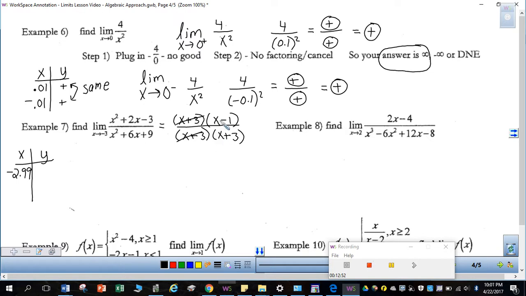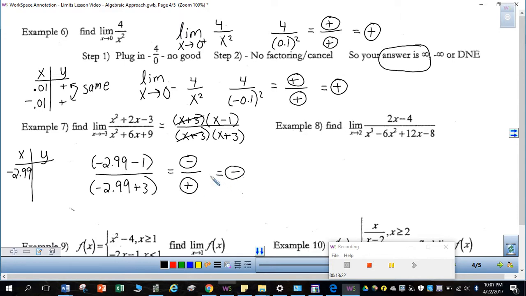If we plugged it in here to the more simplified form, we could think of it as being negative 2.99 minus 1, which is going to be negative, over negative 2.99 plus 3, which is going to be positive. Altogether, a negative divided by a positive is a negative. So that tells us that our graph is going to be approaching negative infinity as x approaches negative 3 from the right side.